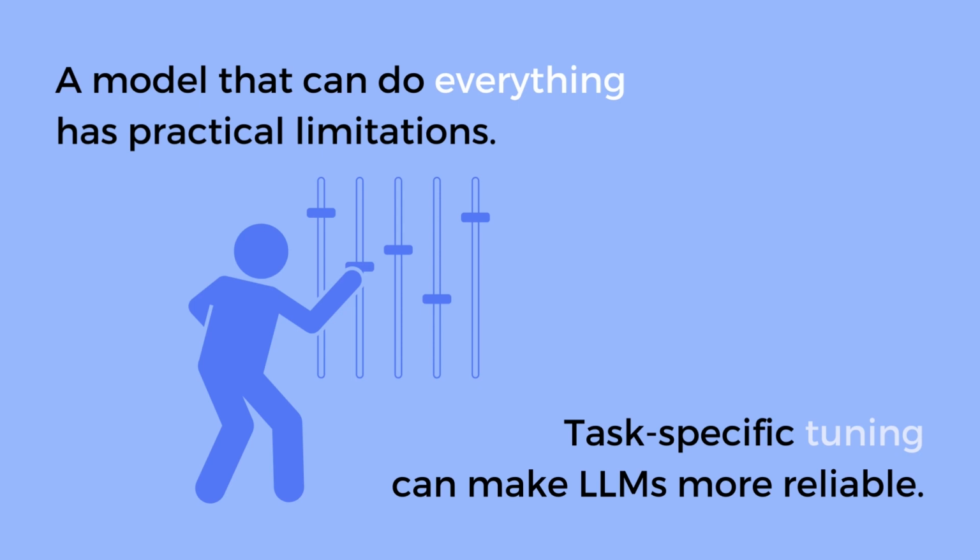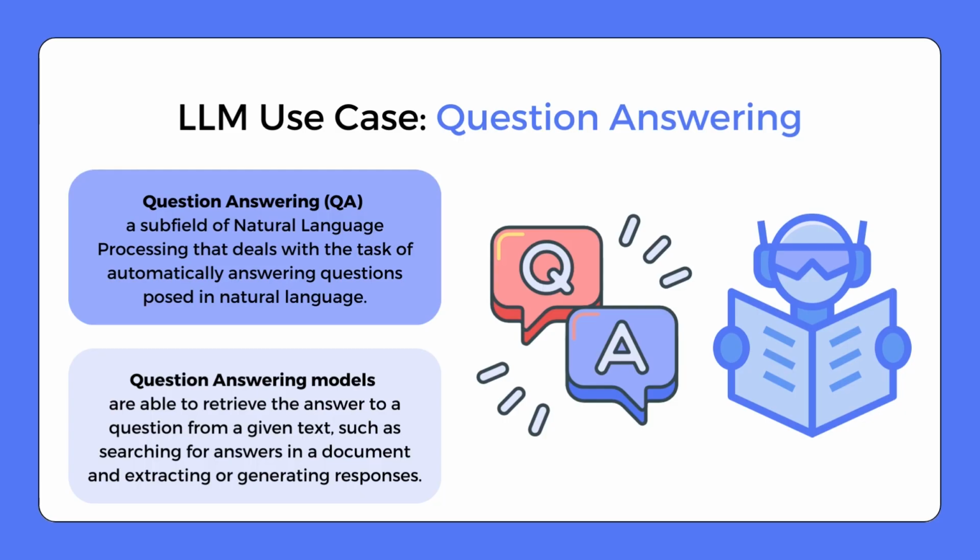Just like a professional athlete specializing in their sport, these models need to refine their skills to master their performance. Let's start with a simple task example: question answering. This is a subdomain of natural language processing that's about automatically answering questions posed in everyday language.